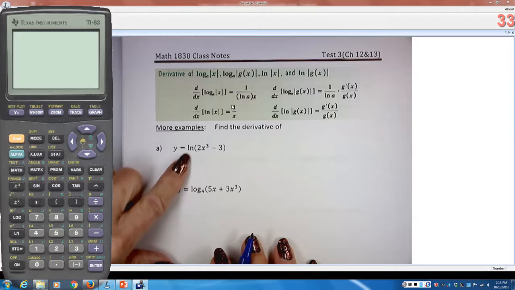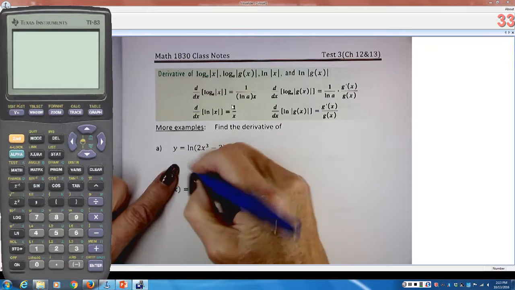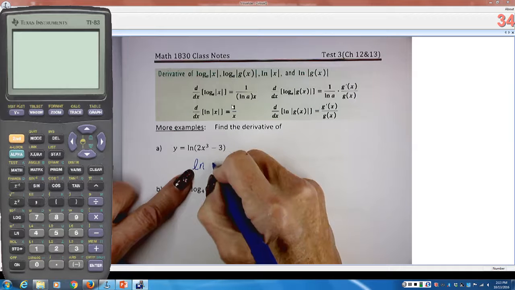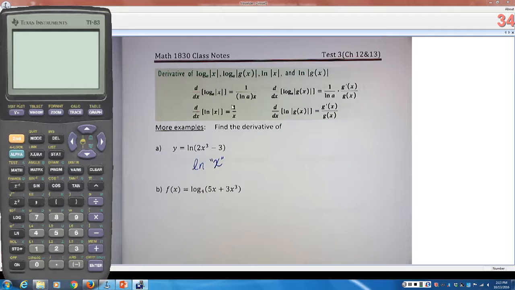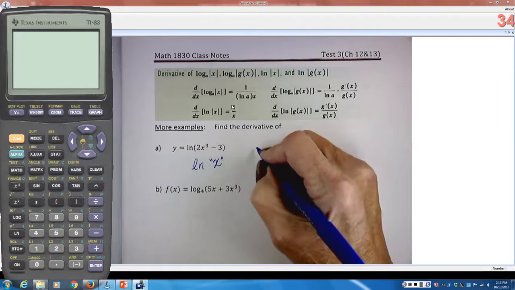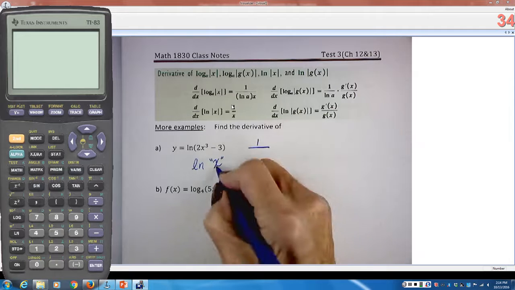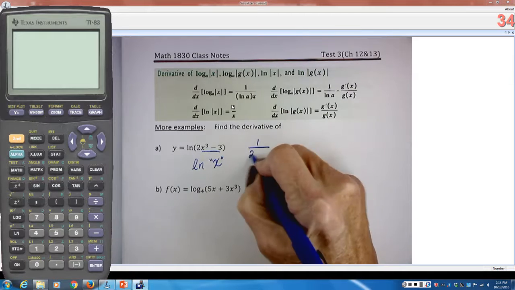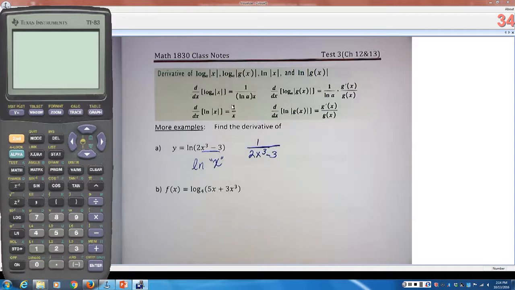So if you're taking the natural log of 2x squared minus 3 to the x, this is pretty similar to taking the natural log of just plain old x. The derivative, the way you would take that derivative is 1 over whatever x is, and in this case that's x. So there's the natural log part of it.